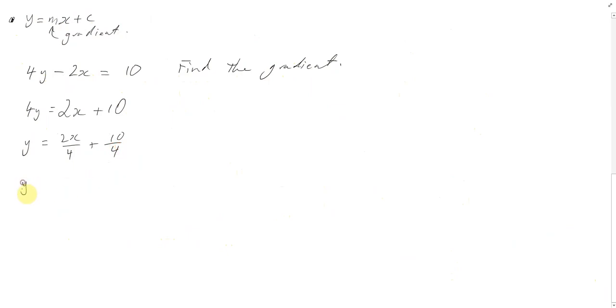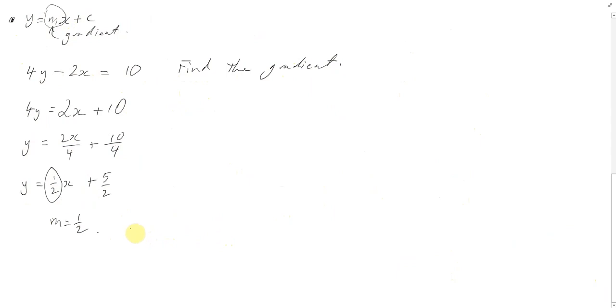And now we just neaten it up. y equals 2 over 4 is a half x plus 10 over 4 is 5 over 2. Remember, we like fractions. Don't start using decimals. Fractions are good. So now, if we're looking for the gradient, and here it is, it's the thing that's next to x. So for us, the gradient is a half. So we can say m is a half. The gradient is a half, and we're done.